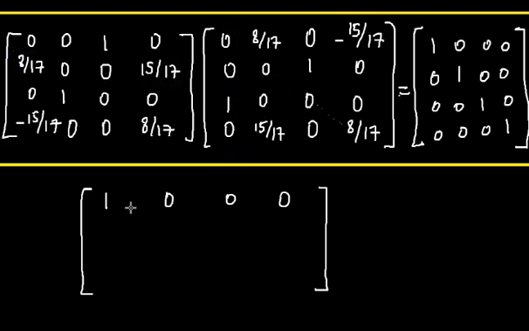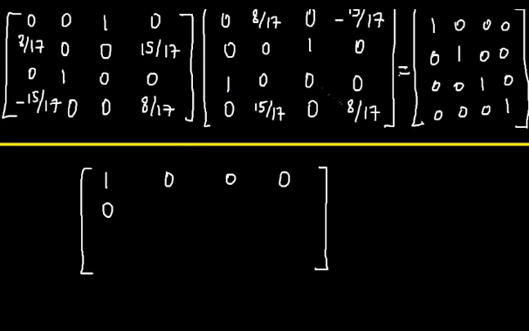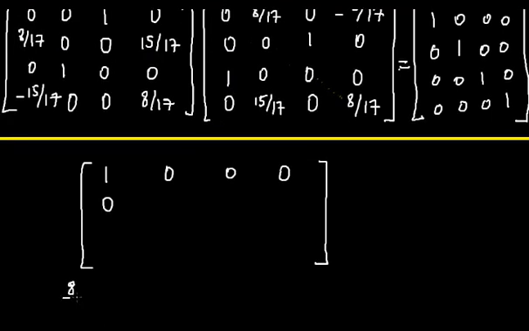So it ends up being 0 indeed. And now let's look at the second row with the second column. So this is 8 over 17 squared plus 15 over 17 squared, right? Let's calculate that on the side.